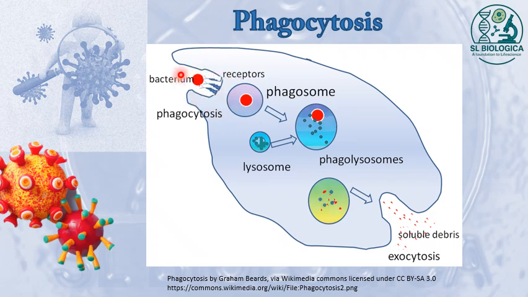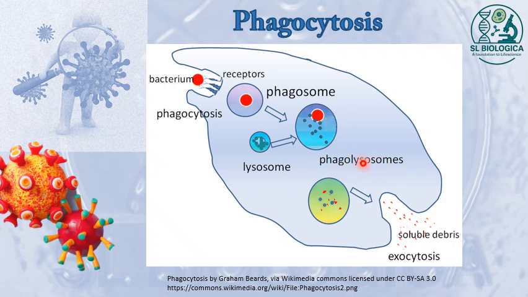Once it interacts with the bacterial surface receptors through endocytosis, the bacteria gets engulfed to form the phagosome, and this phagosome then fuses with the lysosome to give the phagolysosome. The phagolysosome has the lytic enzymes of the lysosome as well as the bacteria entrapped within it.